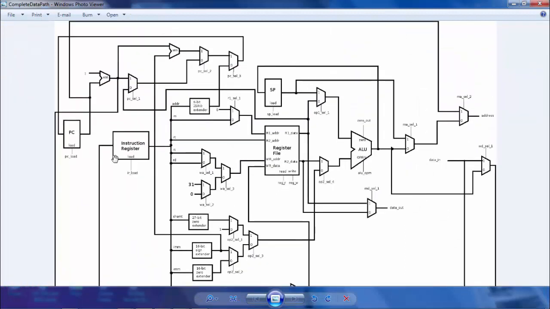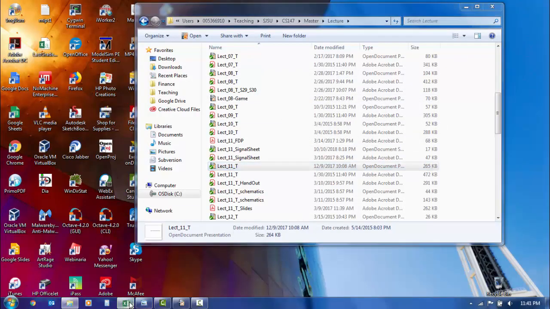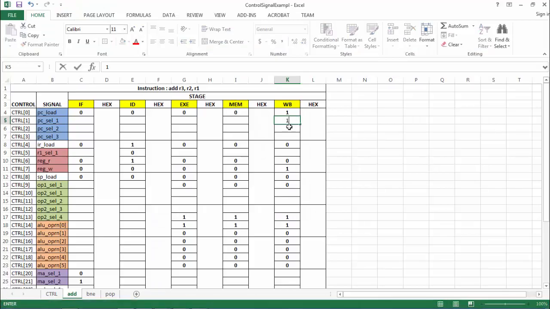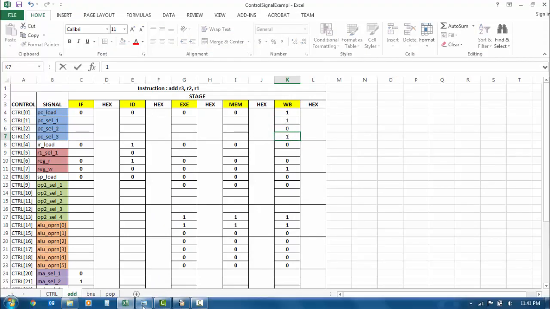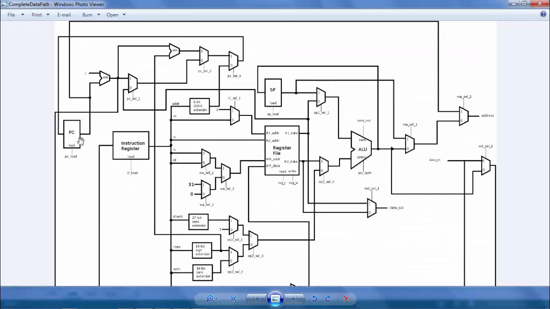To make that happen, PC select 1 must be 1, PC select 2 must be 0, and PC select 3 must be 1, right? That's what we just determined from this data path.